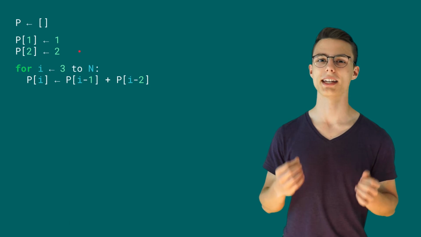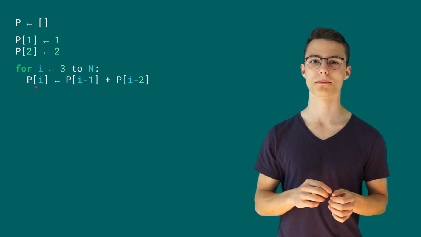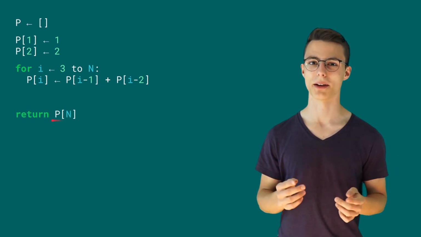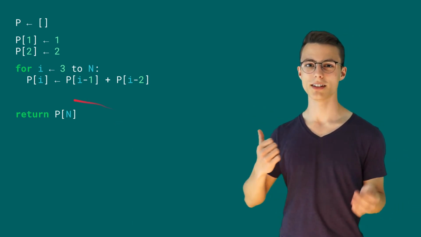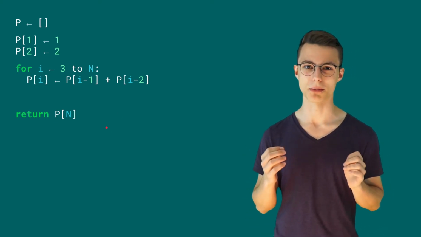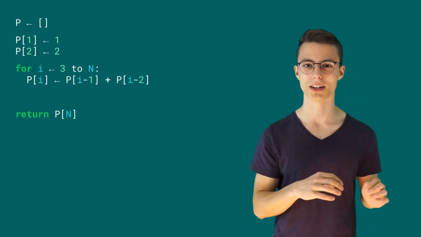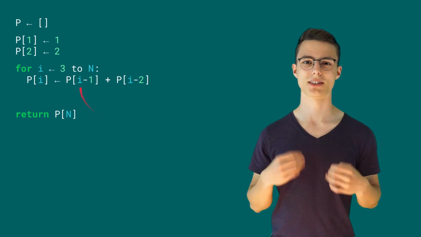Then we start with i equals 3 and calculate the value from the previous ones. Our result now is the nth value in the array. This way, our complicated recursive function with memoization simplifies to a very easy for loop. And this approach can be used every time a problem can be broken into smaller subproblems, as long as these subproblems only refer to previous states.